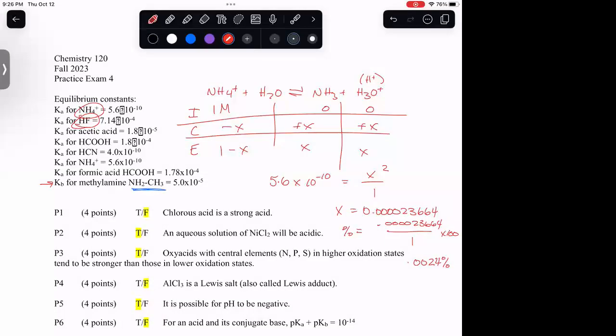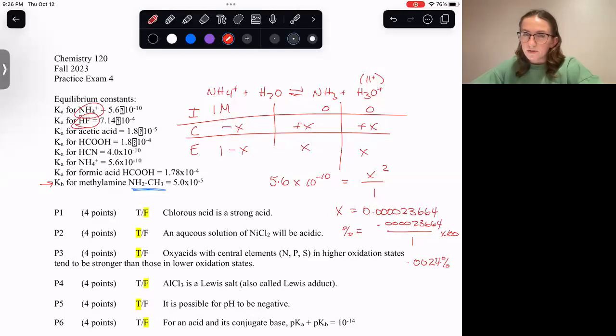And then someone just asked if strong bases will also completely ionize, and that is true as well. So if you have lithium hydroxide, that will only exist as lithium and hydroxide ions. Calcium hydroxide will only exist as calcium and hydroxide ions.